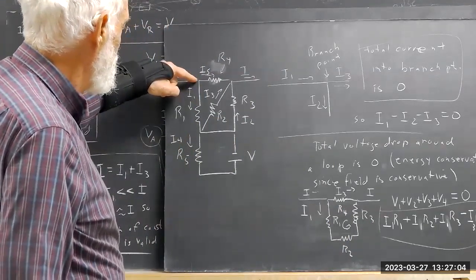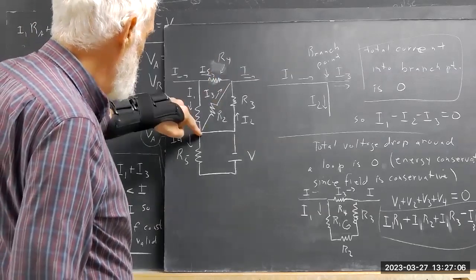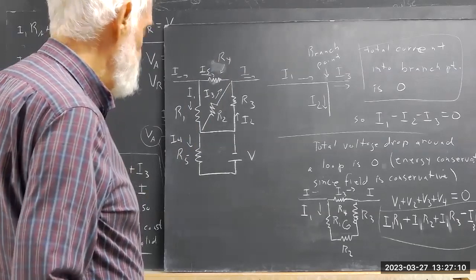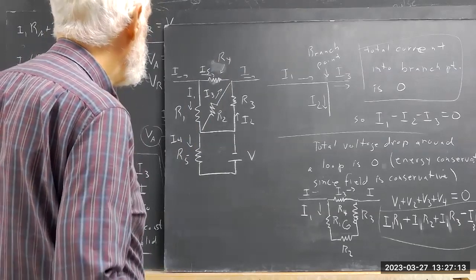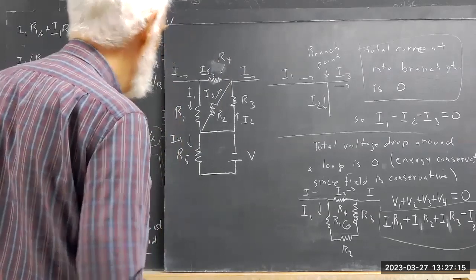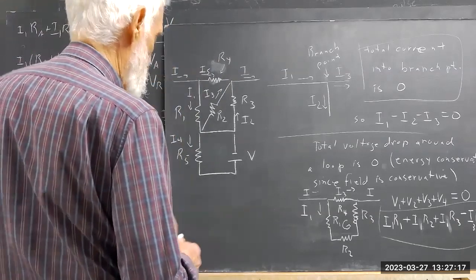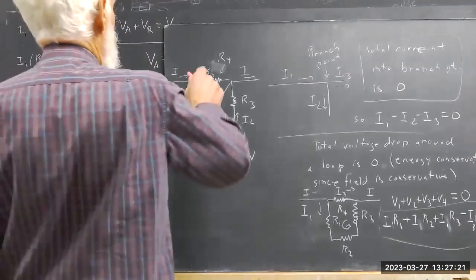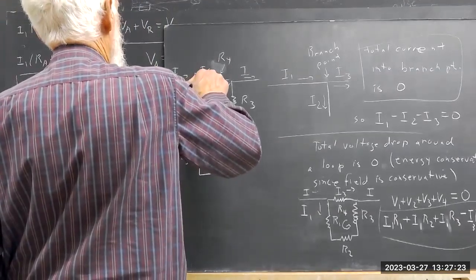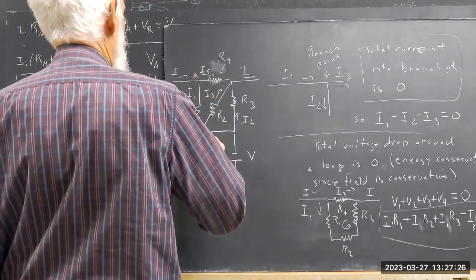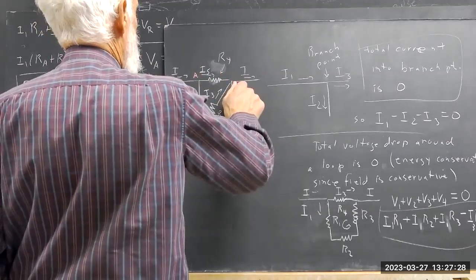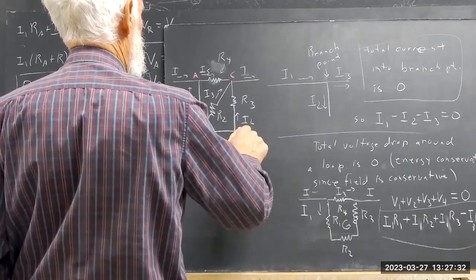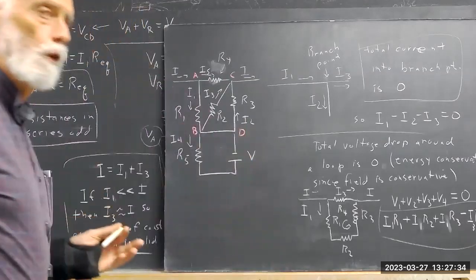Okay, so how many branch points do we have? We've got one here, one here, one here. Let's label these branch points. Let's label this branch point A, this one B, this one C, and this one D. So we've got 4 branch points.